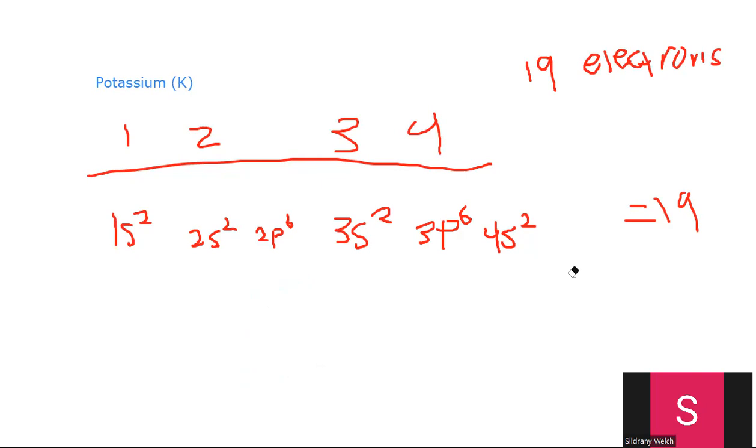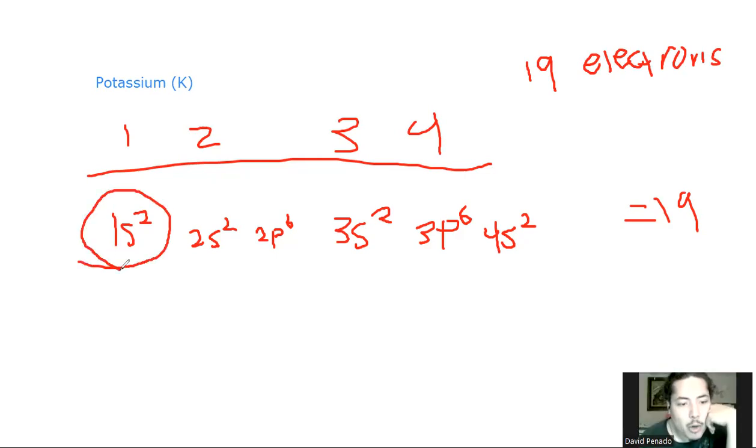I'm still not 100% on this. I feel like it's 20 now. The first one has 2, right? 1s2, right? Yes. Every element has this. They always have this.